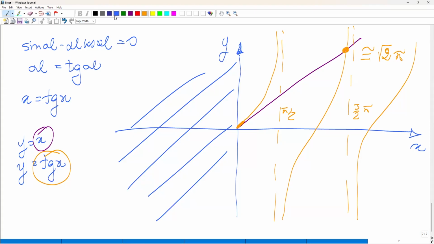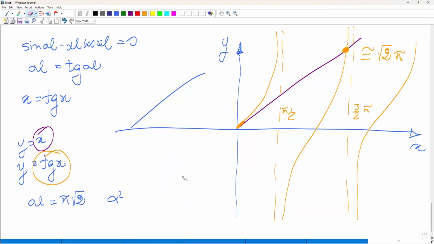So what does it mean? Alpha L equal to pi times the square root of 2 means alpha square, which is P over EJ, equal to 2 pi square over L square.